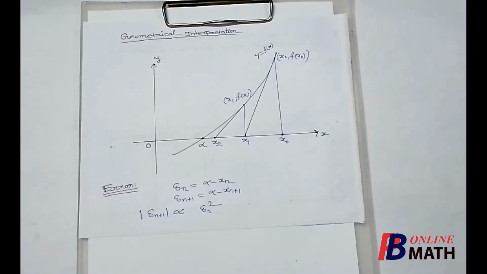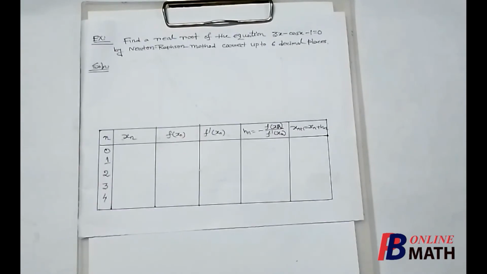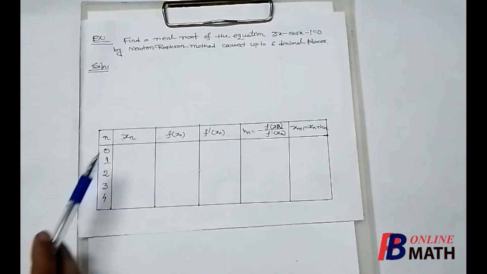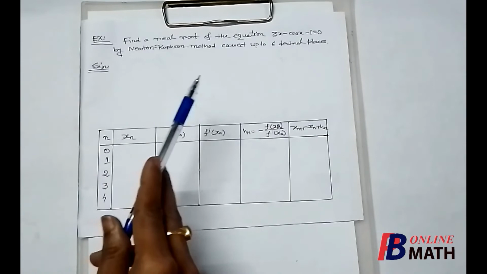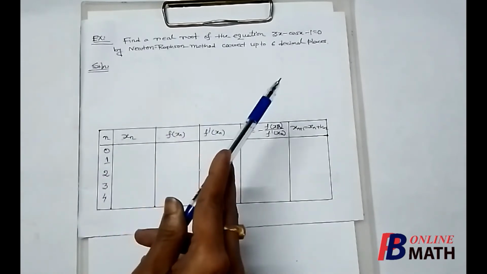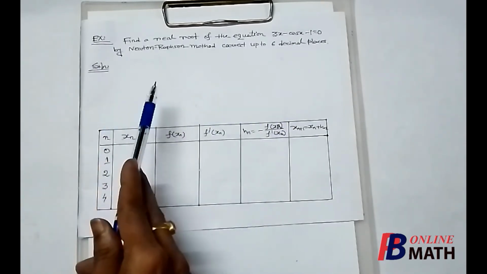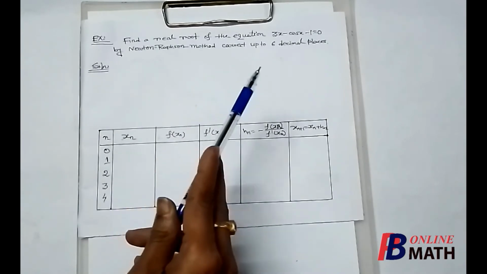Next we shall give one example. Let us consider this problem. Find a real root of the equation 3x minus cos x minus 1 equal to 0 by Newton-Raphson method, correct up to 6 decimal places.